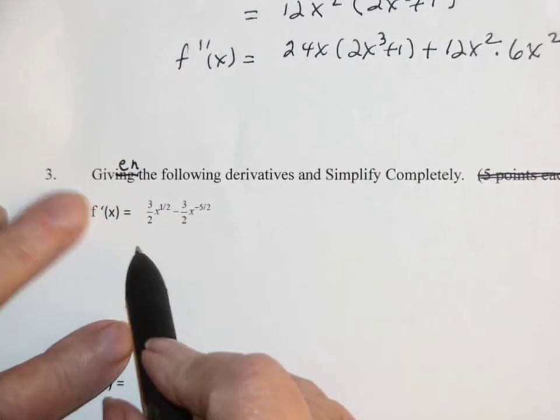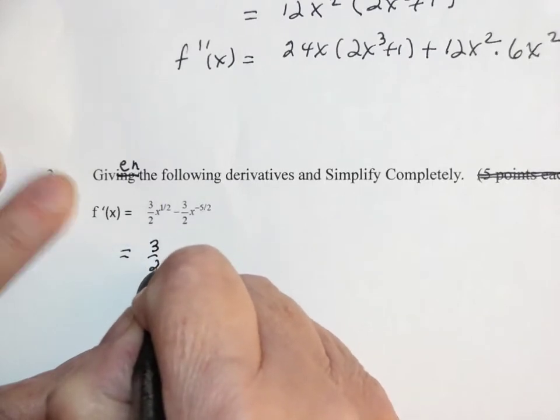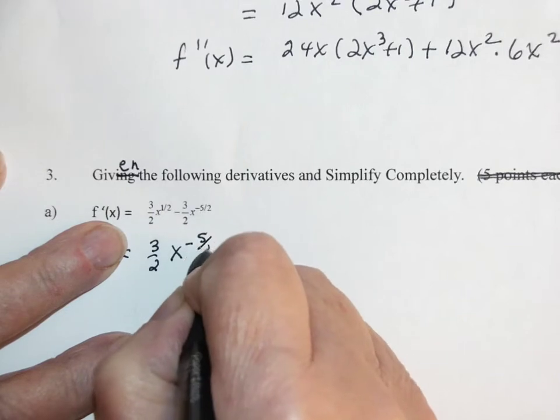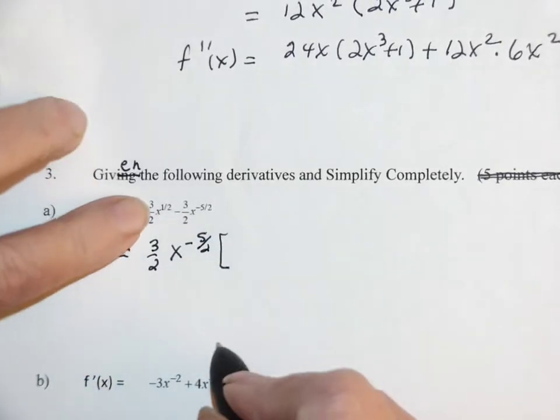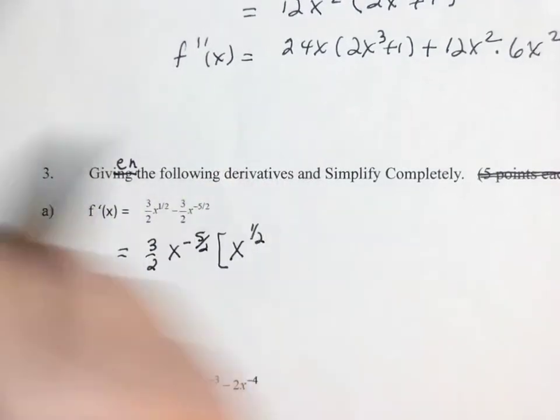Now, if I look at this, it's got a greatest common factor of 3 halves, and a greatest common factor of x to the negative 5 halves. I'm taking the 3 halves from the x to the 1 half.